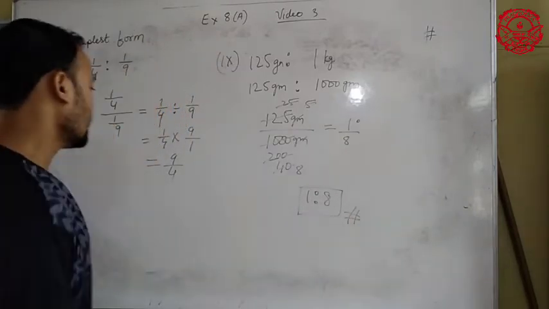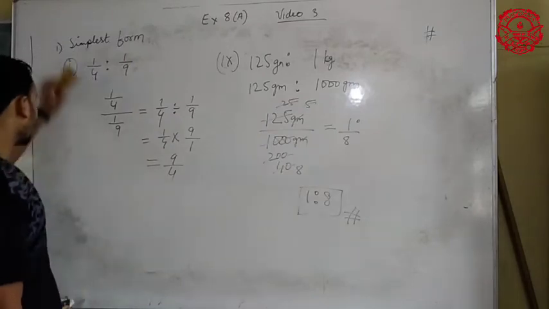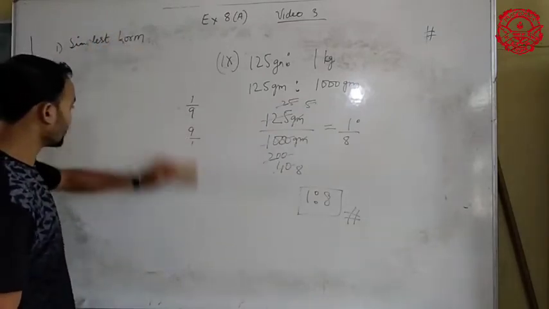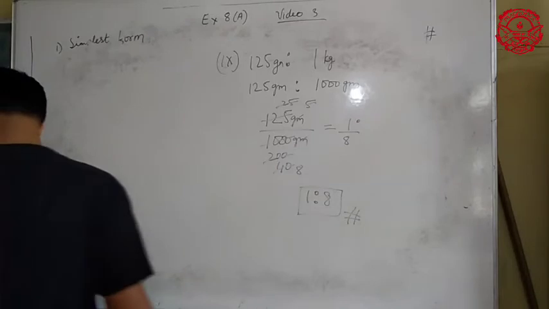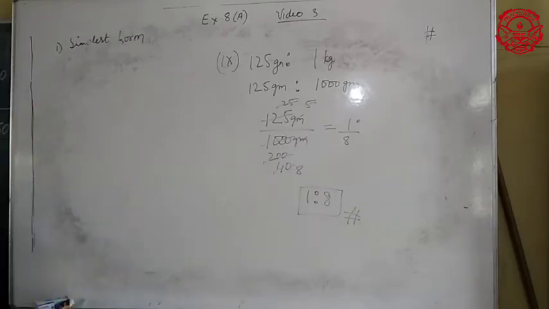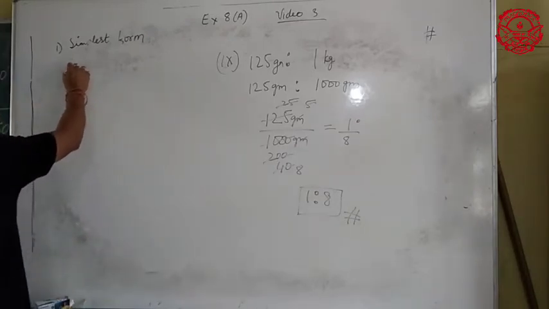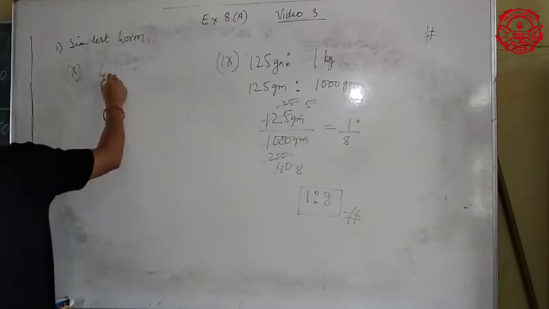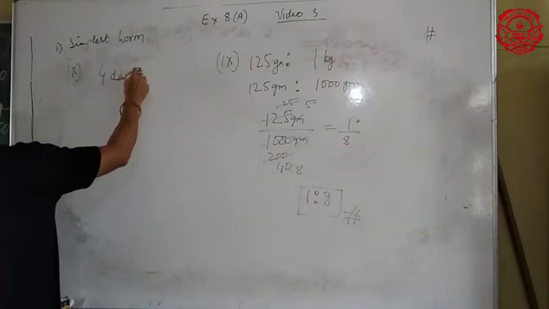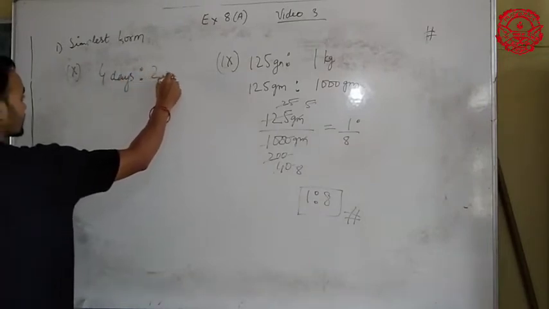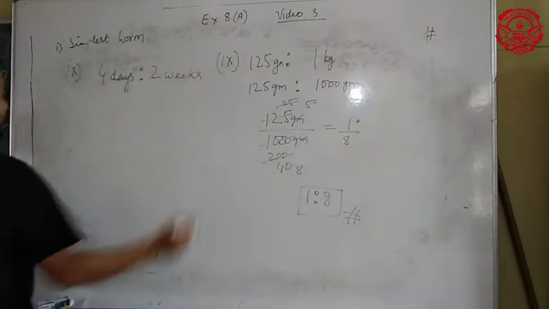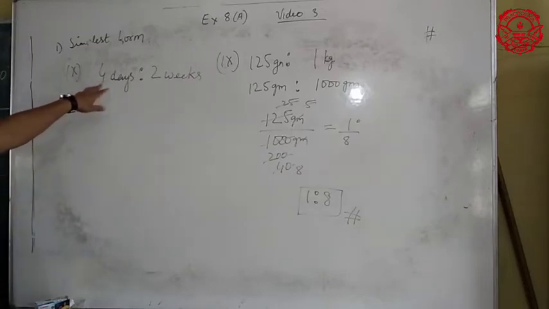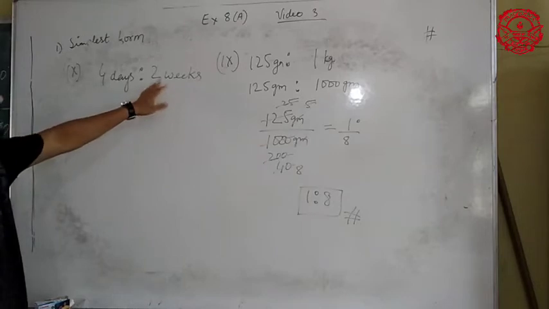Now we will move on with a new question, a new pattern. That is question number 10. In question 10, it is given 4 days is to 2 weeks. If you convert days into weeks, you will come into fractions, so it is better for us to convert weeks into days.